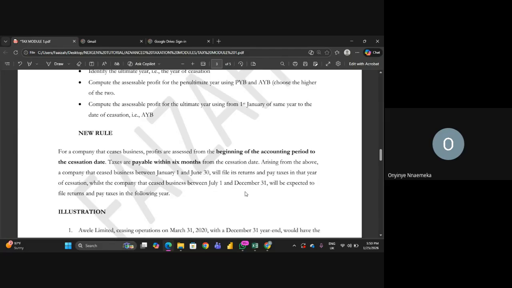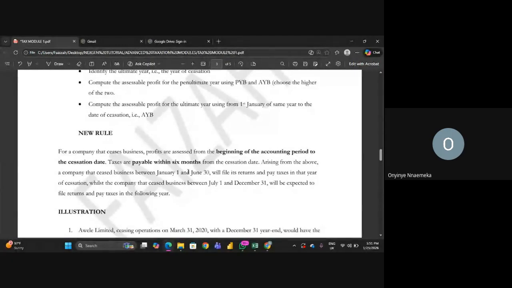So now one rule applies to cessation. The rule is that the profit that is going to be assessed for that particular company is going to be the profit from the beginning of the accounting period to the cessation date. That's why I put it in bold. Profit from the beginning of an accounting period to the date of what?